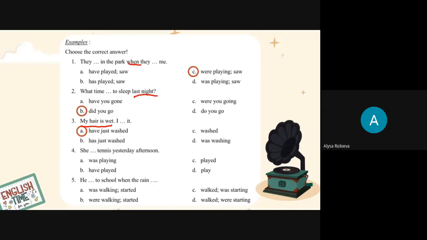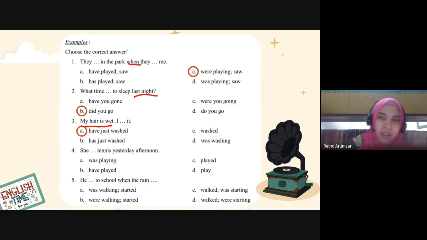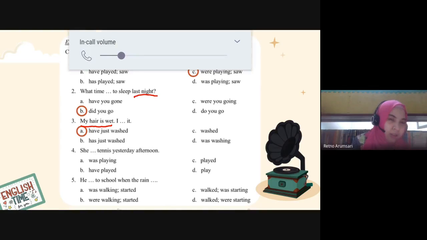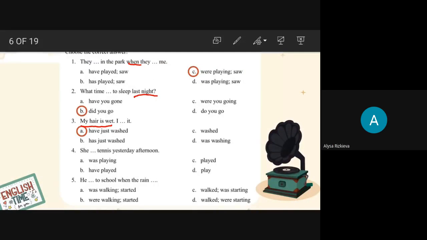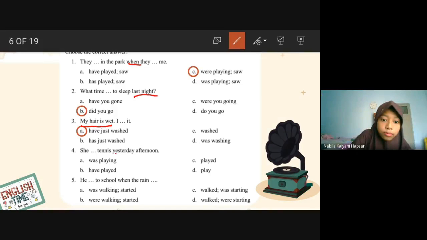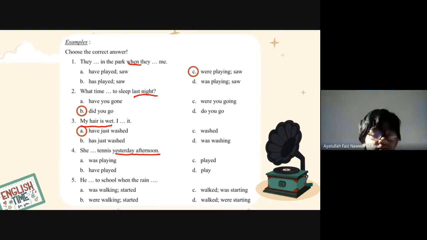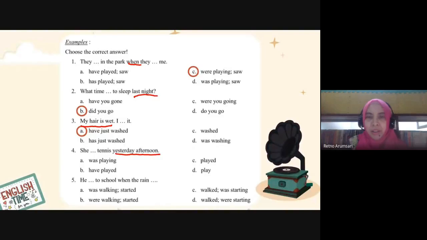Now, number four, Alisa. She was playing tennis yesterday afternoon. All right, let's underline the clues together. What is the clue? Yesterday afternoon. How long is afternoon?